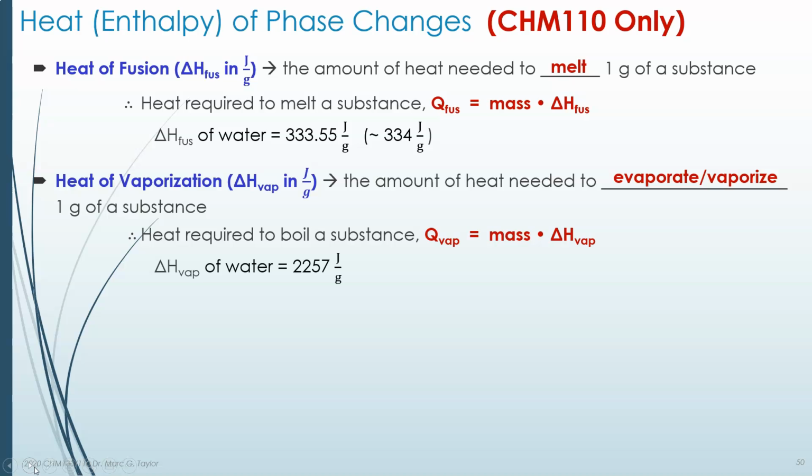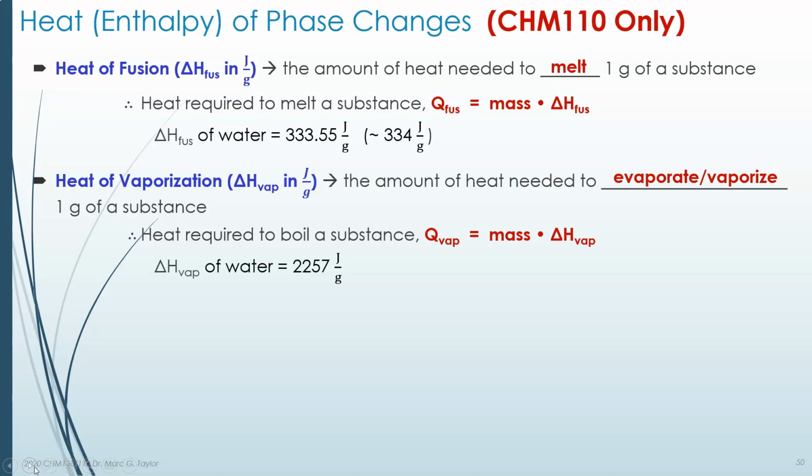And in the case of water, the heat of vaporization of water is 2,257 joules per gram. So it takes an enormous amount of heat to boil 1 gram of water. And the reason why it takes so much heat to melt ice to water, and even more to boil water, is you have to break all those hydrogen bonds that are holding water together.